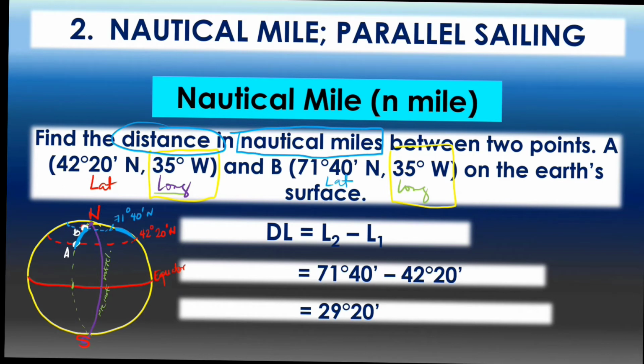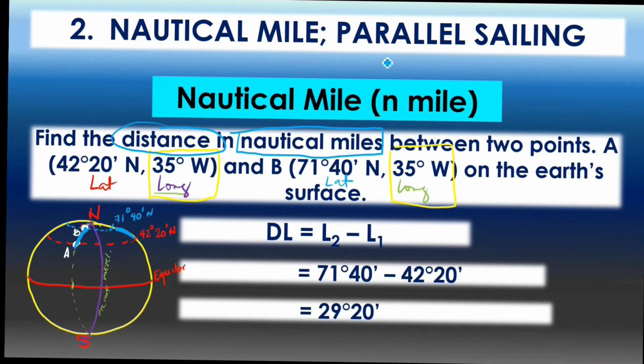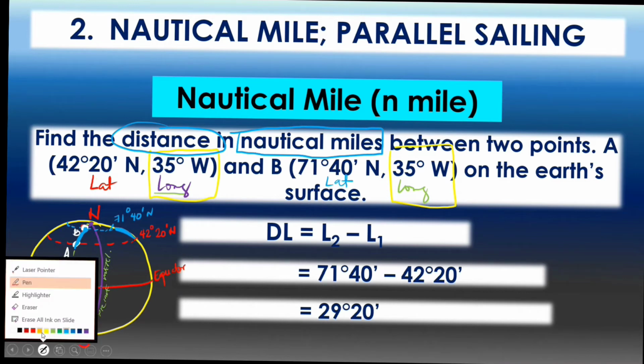Because this is in DMS. So have it in degree first, with the decimal. So that is 29.33 degrees. So we have the answer here. So let us just write the solution.